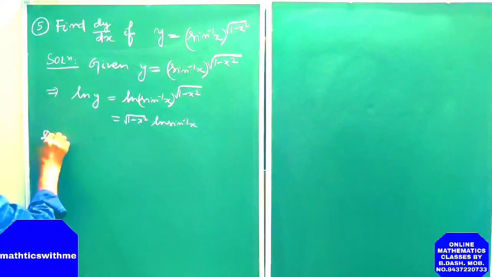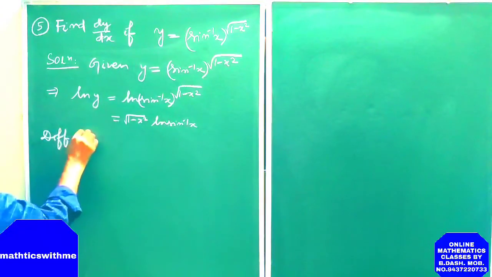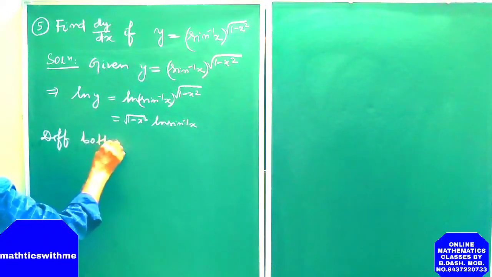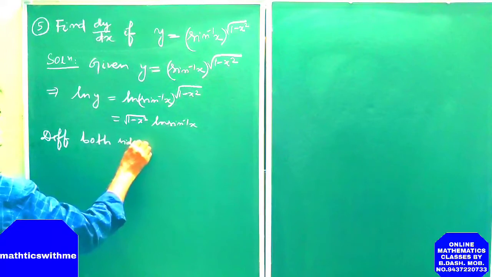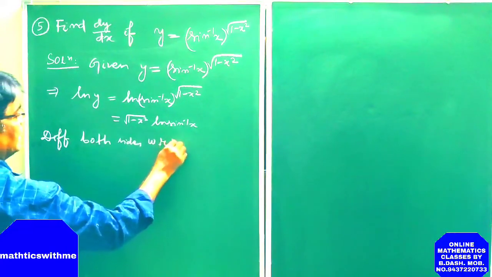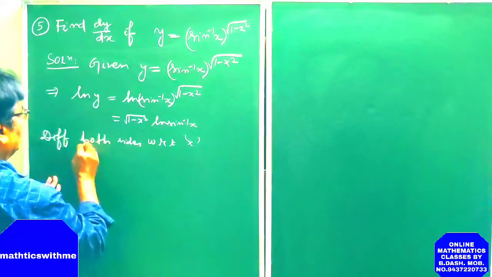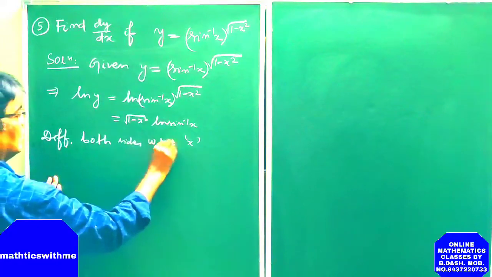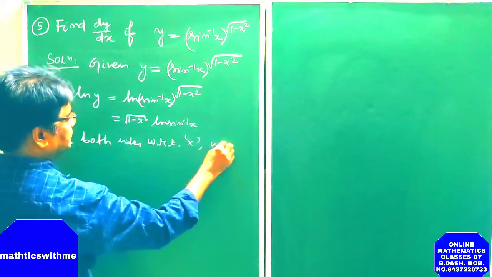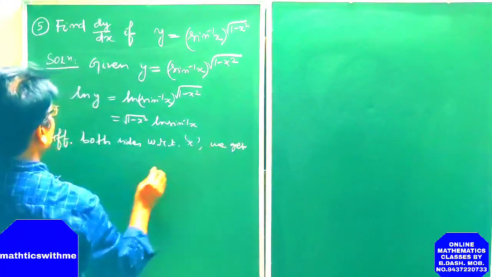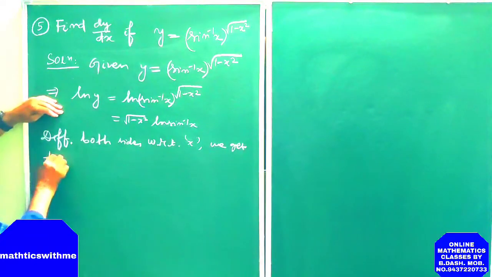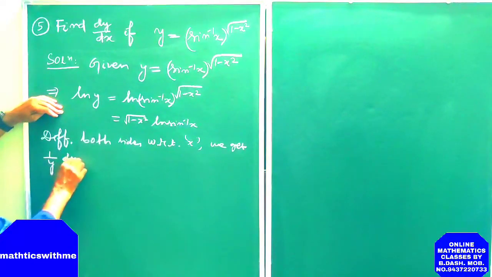Now differentiating both sides with respect to x, we get the derivative of ln y is 1 by y dy by dx.